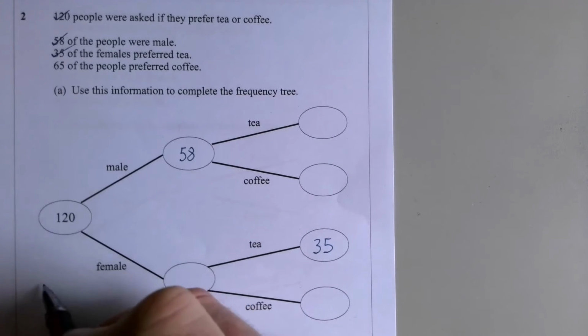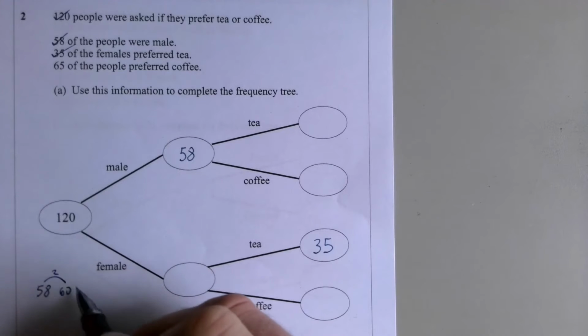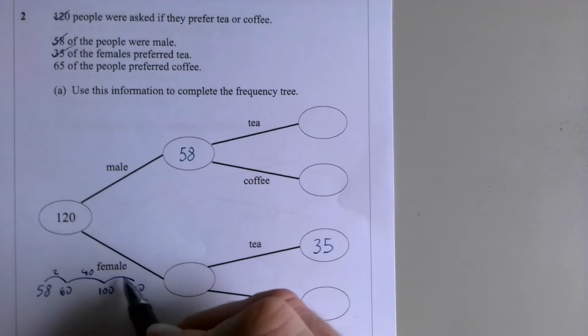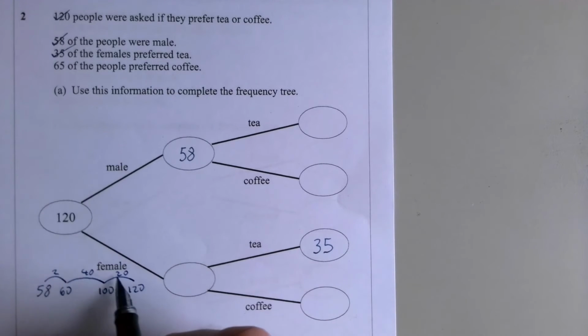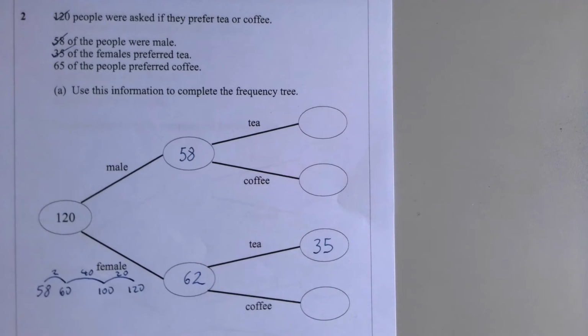So we need to think, right, 120 take 58. If I went from 58 up to 60, that's 2. Up to 100 is 40. Up to 120 is another 20. 40 plus 20 is 60, plus 2 is 62 females altogether.